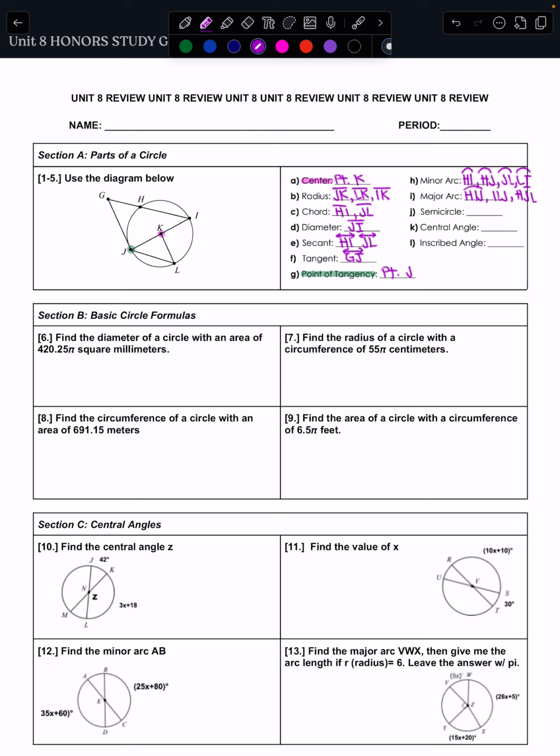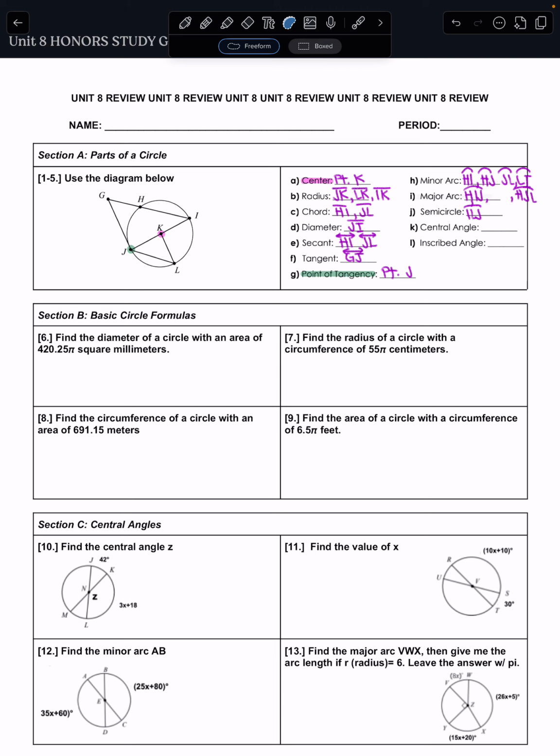Again, because these are arcs, I'm going to put the arc symbol. So real quick, HIJ is going to be this major arc right here. And then ILJ, oh wait, ILJ looks like it's not going to be a major arc.